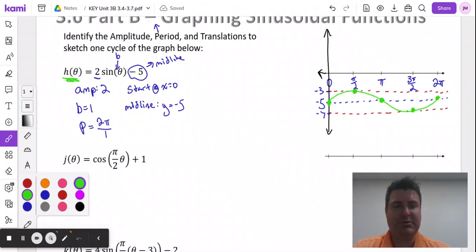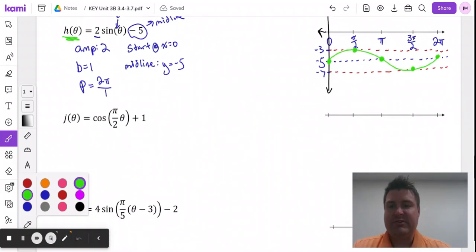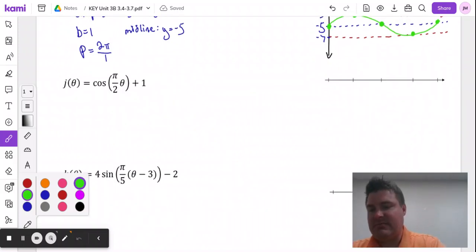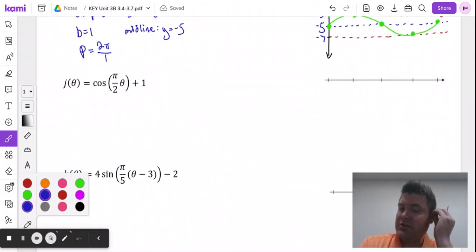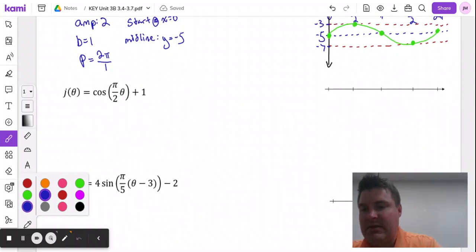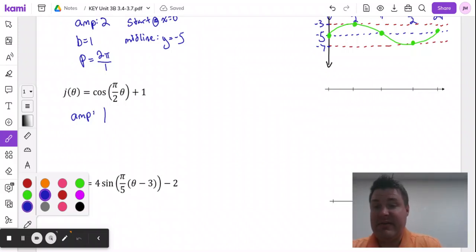Okay, super simple. Let's move on to the next one. Same idea: we are going to get our amplitude here. The A value in front is 1, so the amplitude is 1. The B value now is going to be pi over 2.